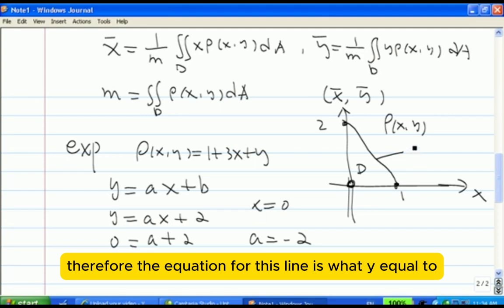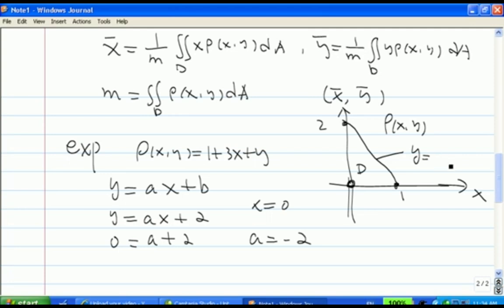Therefore, the equation for this line is y equal to 2 minus 2x.